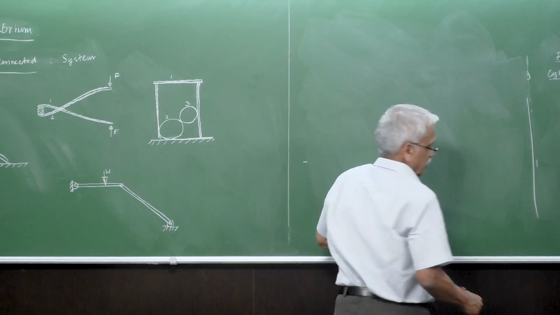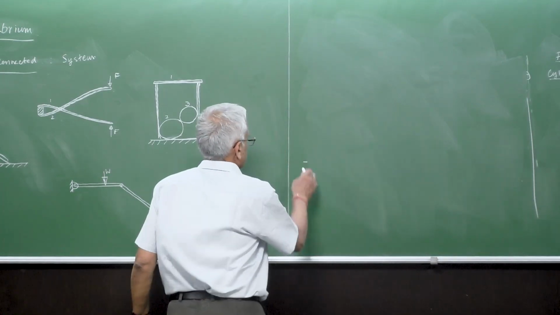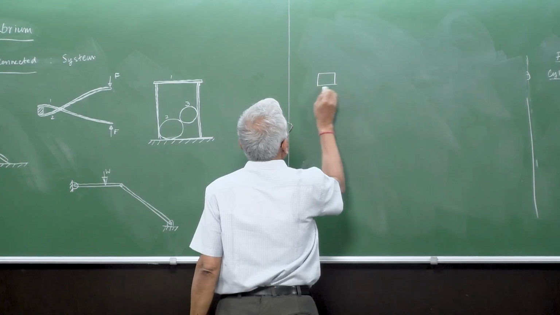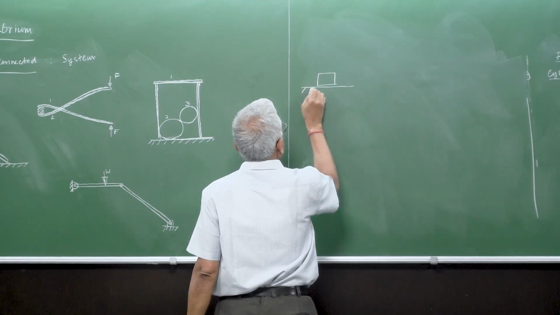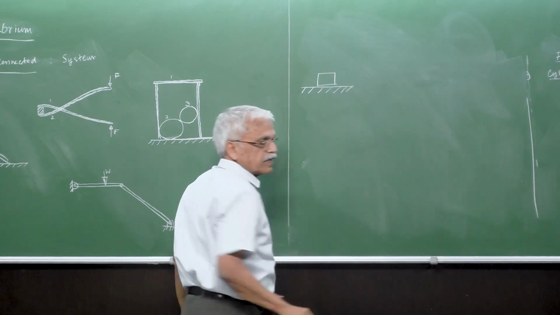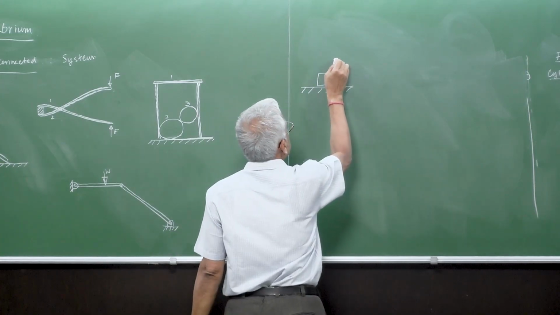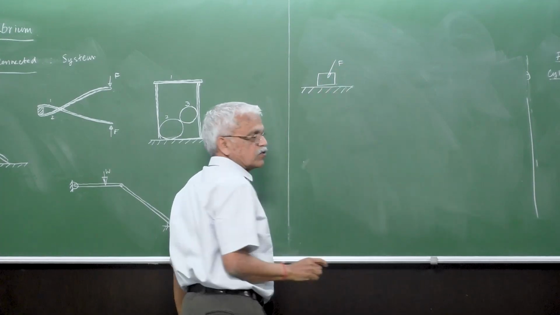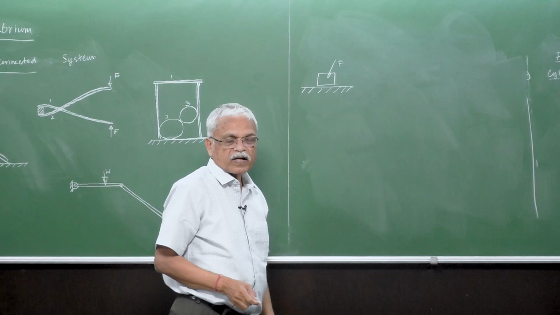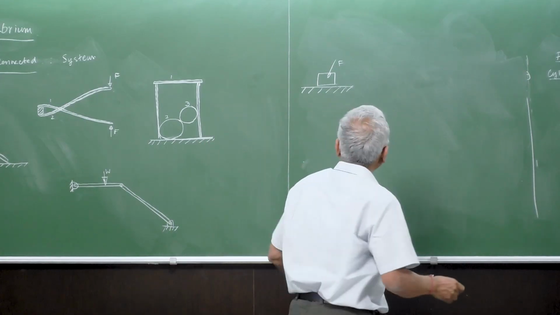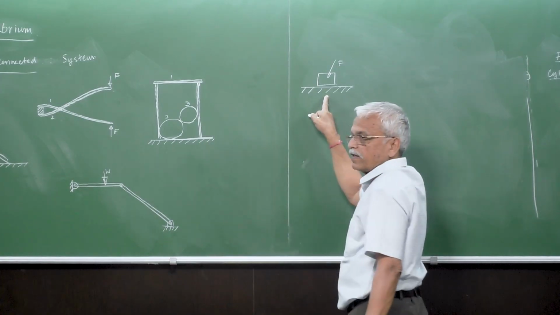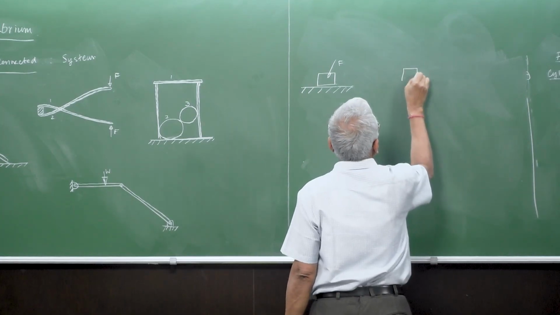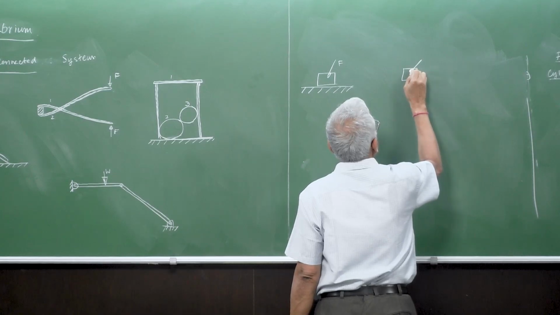So let me show you. For example, some simple cases of a cylinder, I mean a block resting on the ground with F like this one. And if you want to isolate this block from the rest of the thing here, you have to show the interaction of the ground on the block here.